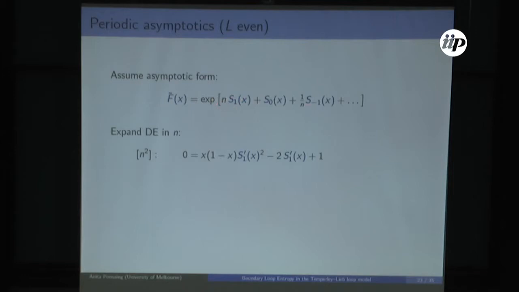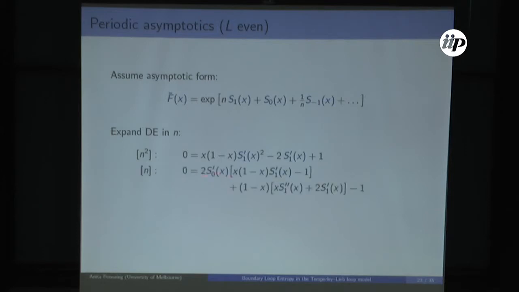Okay, so if you take this exponential form and put it into the differential equation and then expand in powers of 1/n, you get a differential equation for S. Now, you'll notice it's a first order differential equation. It's quadratic in the first derivative, but it's first order, so it's actually very simple to solve.